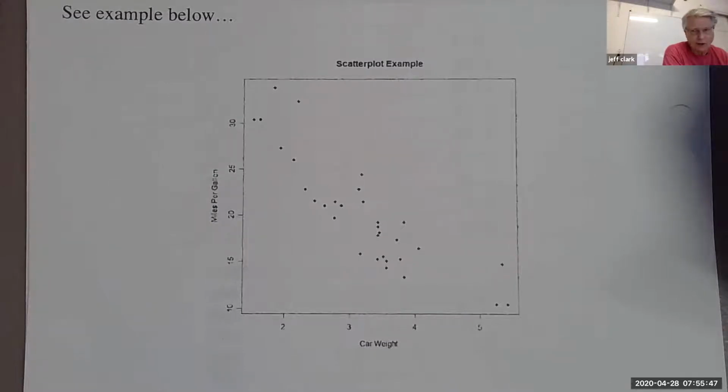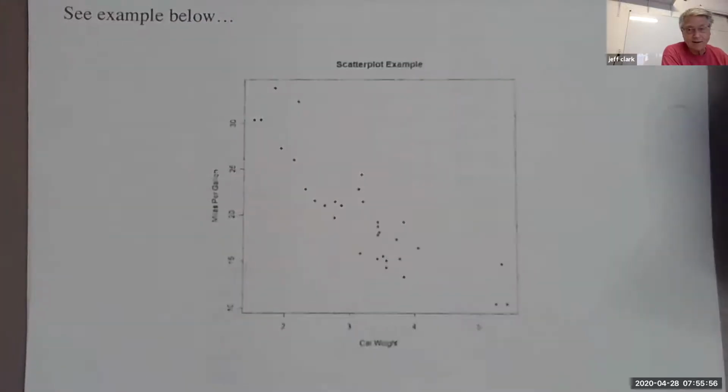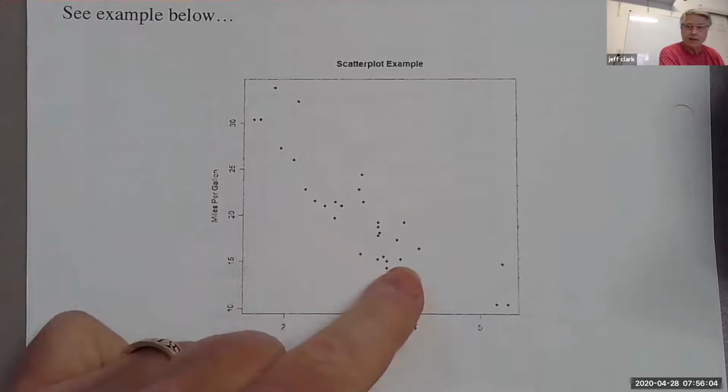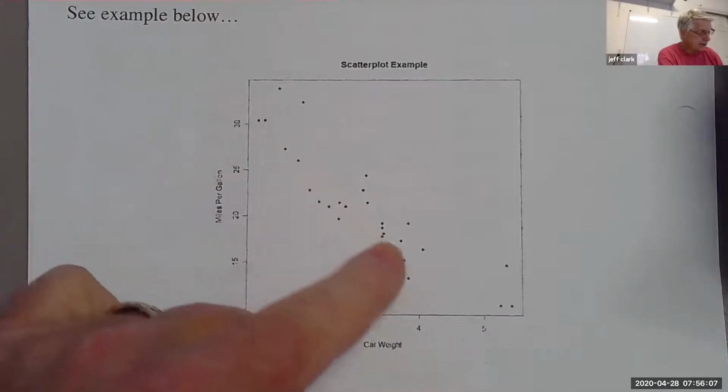They call it regression. Linear and line mean the same thing. Does it look like it's a line? No, it doesn't look like it's all lined up. But the closer they are to a line, the more of a relationship they have. This looks like there's some kind of relationship, and it looks like it's down to the right.